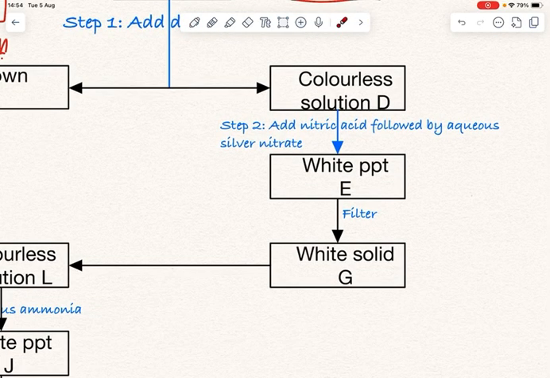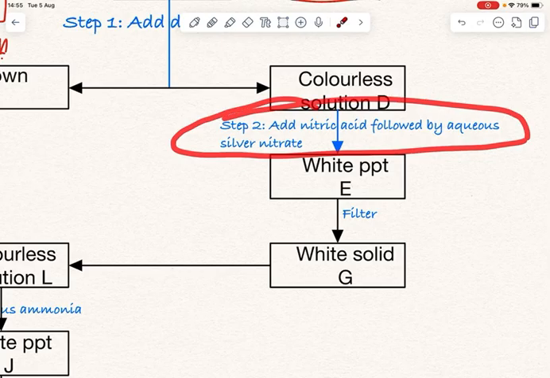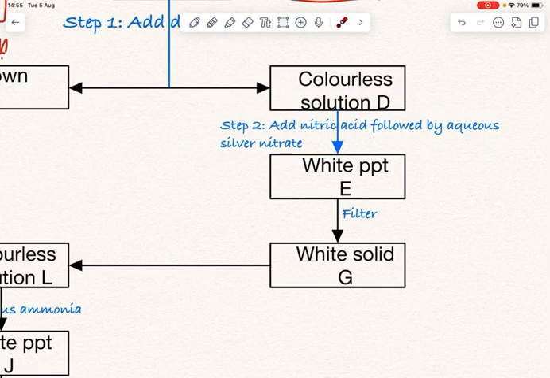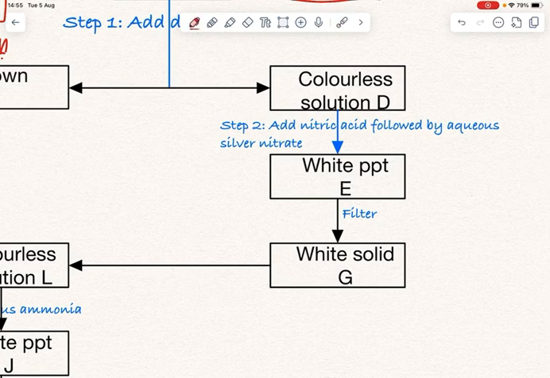In step 2, we are required to add nitric acid followed by aqueous silver nitrate. This step is to test for the presence of iodide or chloride. Iodide will produce a yellow precipitate, but chloride will produce a white precipitate. So when you filter it, you get the white solid G. Some students will ask, where in the world do I get my chloride from?